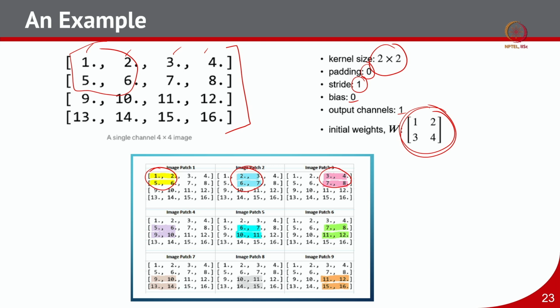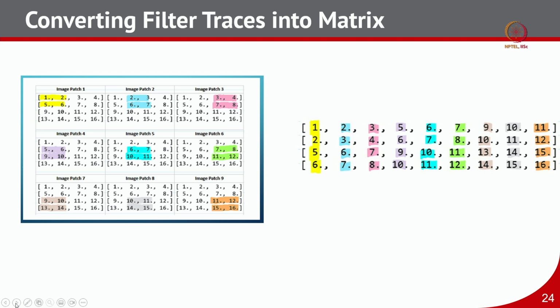Then it will go to the next row, because the stride length is 1. This 5, 6, 9, 10 is image patch 4, this is image patch 5, and so on and so forth. With each of these image patches, the weights get multiplied. When we say multiplied, we perform element-wise multiplication and then add all the values to obtain one pixel of the output feature map.